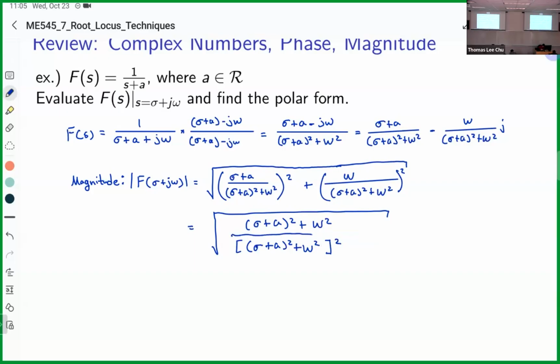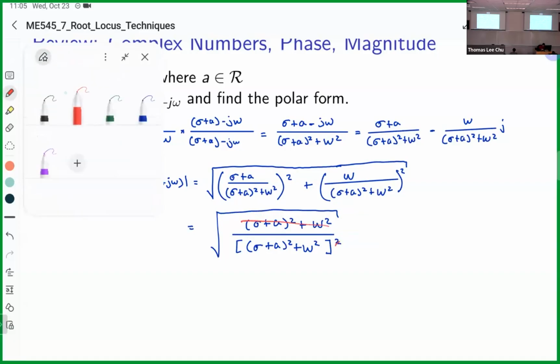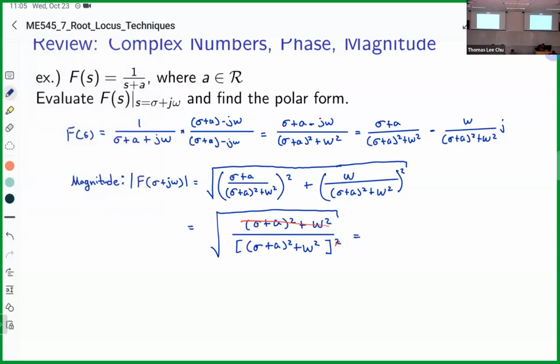I don't need a line that long. All right, so these two cancel out because they're the same terms. And we just get the square root of 1 over sigma plus a squared plus omega squared.